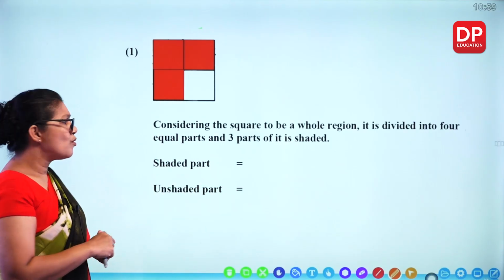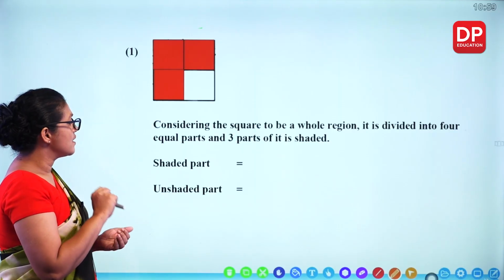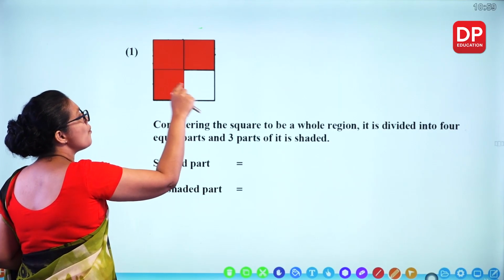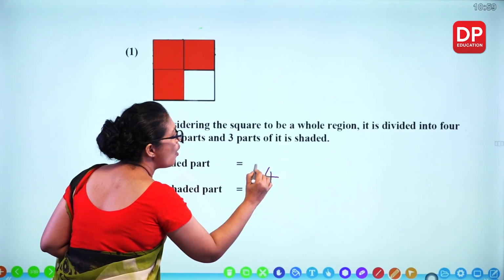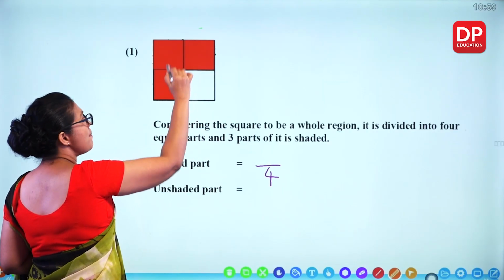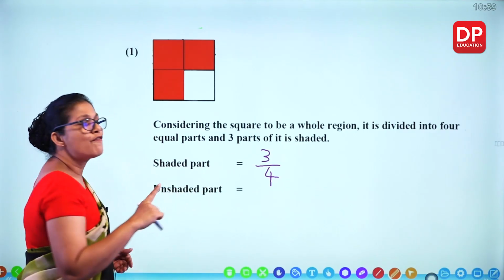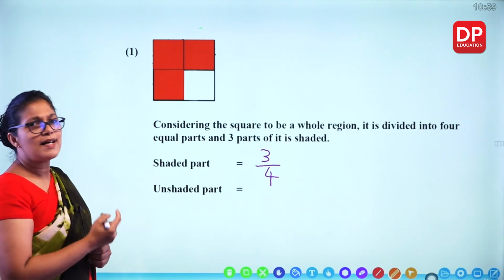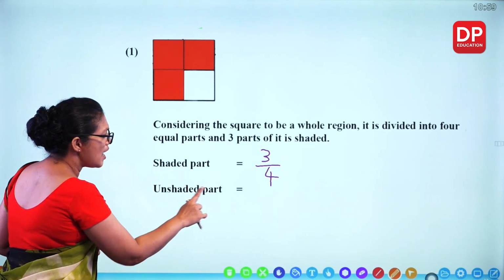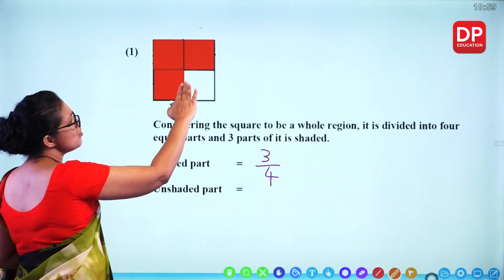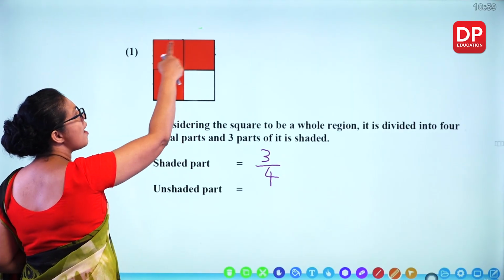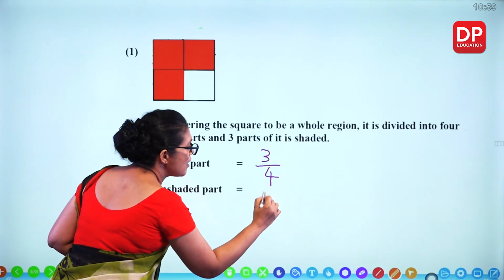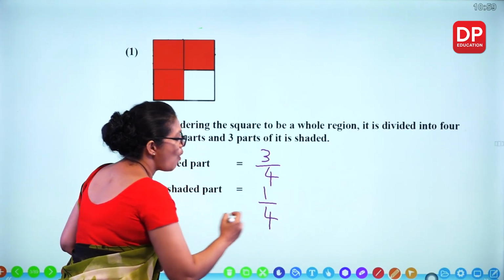If I ask you, what's the fraction of the shaded part? 4 equal parts are there. Out of 4, 3 parts are shaded. 3/4. 3 out of 4. So this is a fraction. Unshaded part, just one part out of 4 equal parts. So we can write 1 over 4 or 1/4.